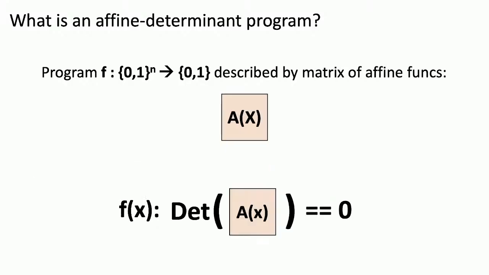Before that, one simple view that you can also take is that instead of explicitly thinking about n+1 matrices, you can think of it as a matrix of functions, where each function in your matrix is just an affine function. And how do you evaluate? You evaluate your matrix of affine functions on your input and take the determinant. And that's why we call it an affine determinant program.